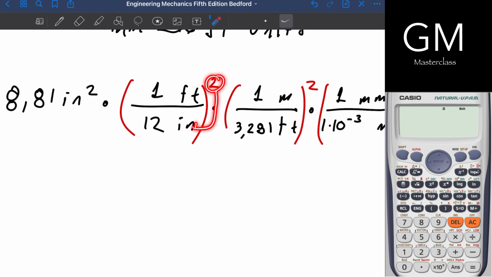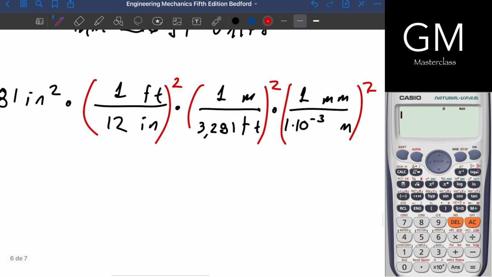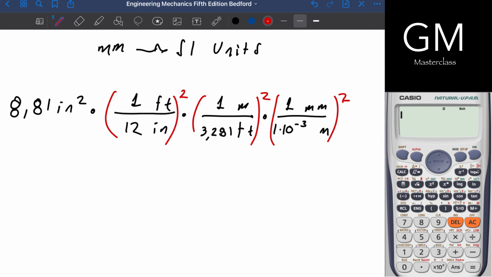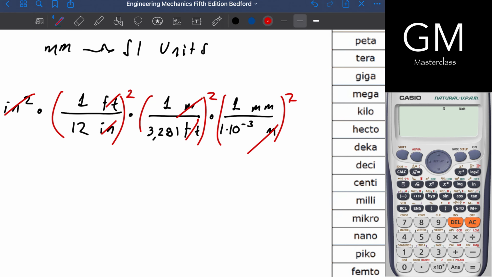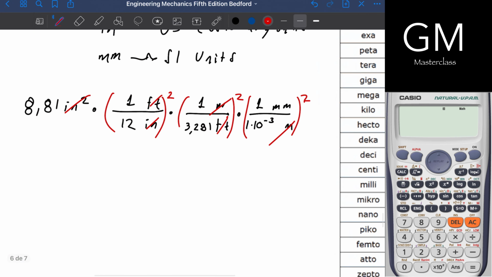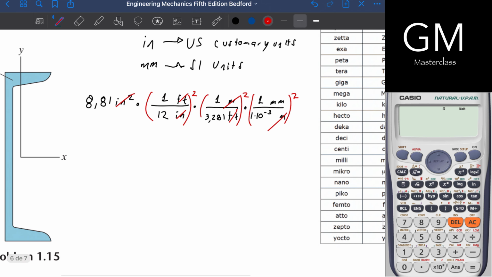This square is going to convert this denominator into square inches, and then I could eliminate those units. So let me check that I am getting the units that I want: square inches with these inches, square feet with these feet, and square millimeters with square meters with these meters.